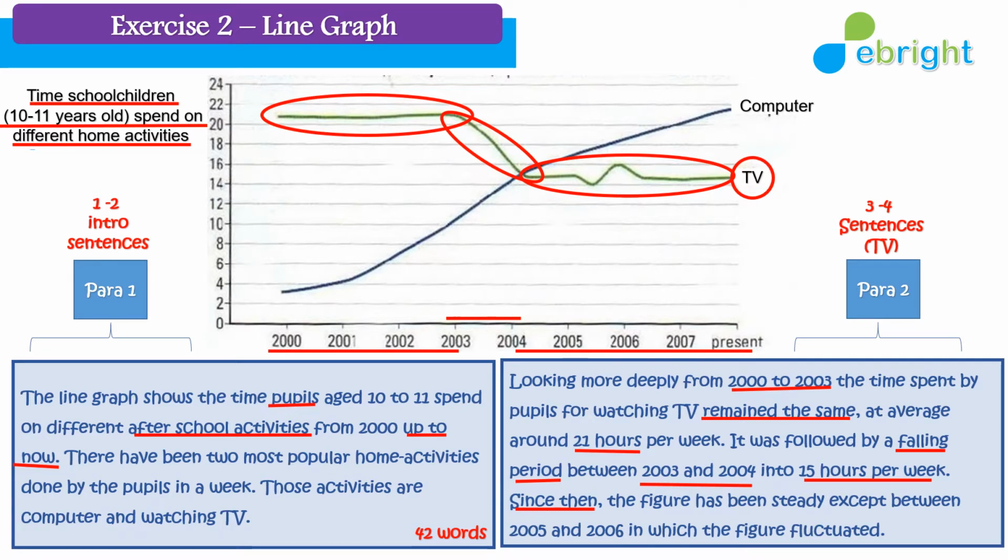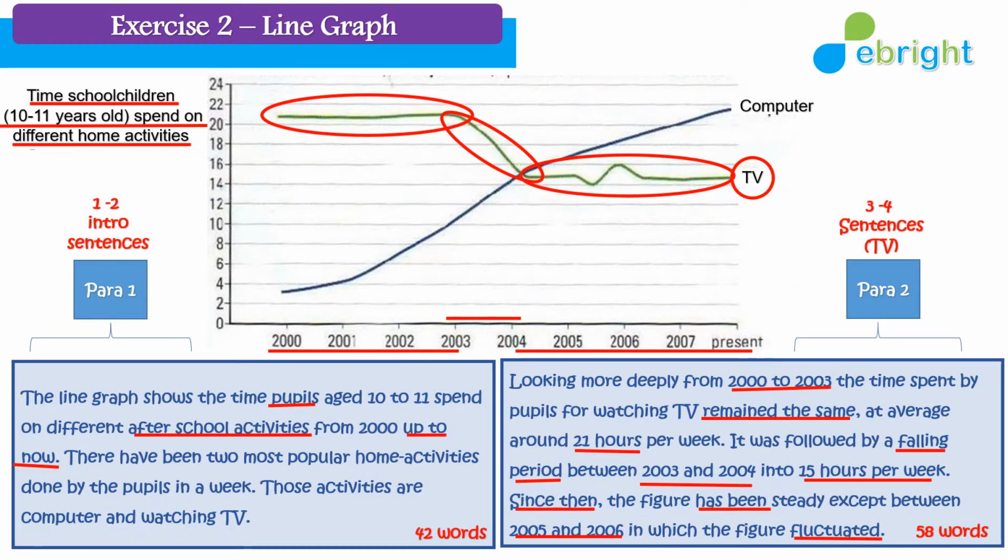And you've got the words since then, which indicate that we need a present perfect timeline over there. So has been is the correct grammar for present perfect. And 2005 and 2006 you've got past tense, fluctuated. Well done. You've got 58 words in this second paragraph. Let's move to the next paragraph.